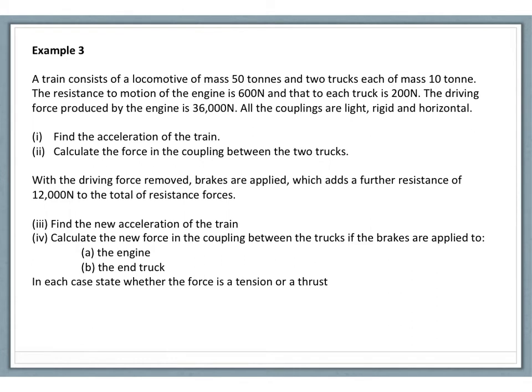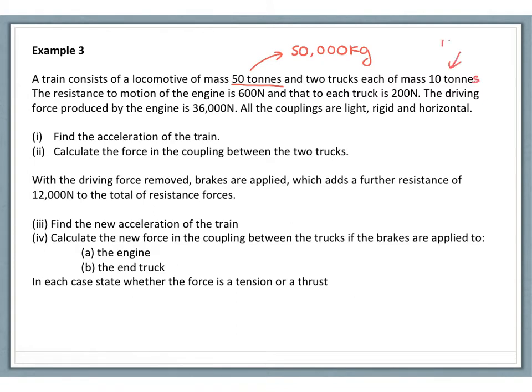So let's now look at a more complex problem. We have a train consisting of a locomotive of mass 50 tonnes. So first of all, make sure you understand how to convert that into standard units. That is 50,000 kilograms, and two trucks each of mass 10 tonnes.